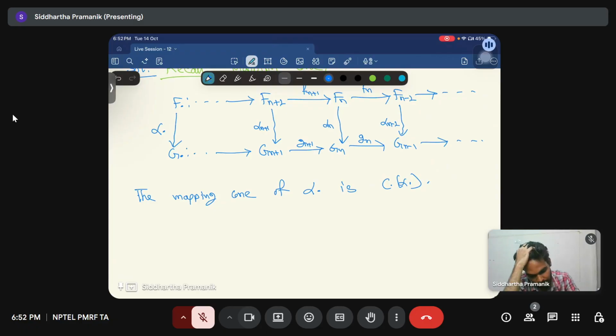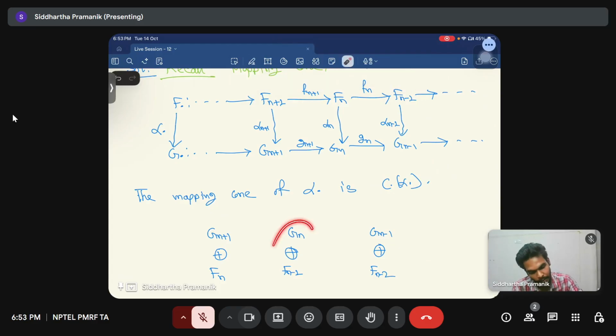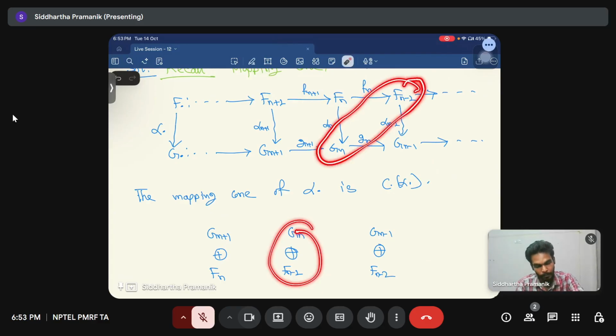Here I am taking G n direct sum F n minus 1. Here I am taking G n minus 1 and F n minus 2. Here you can take G n plus 1 and F n, and so on. So these are the modules of the complex of the mapping cone. So remember, at this diagonal, F n minus 1.